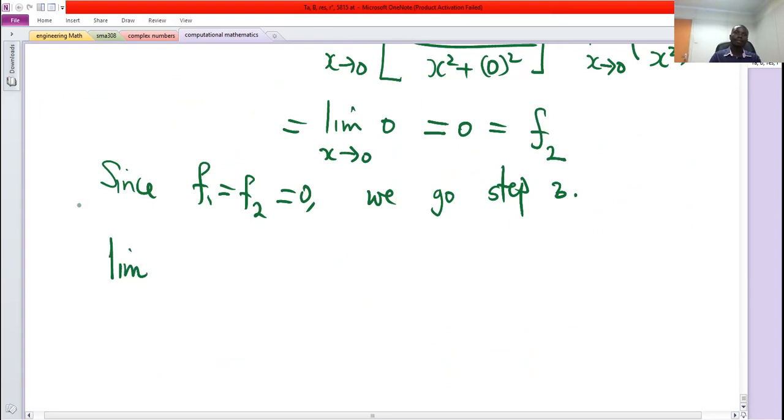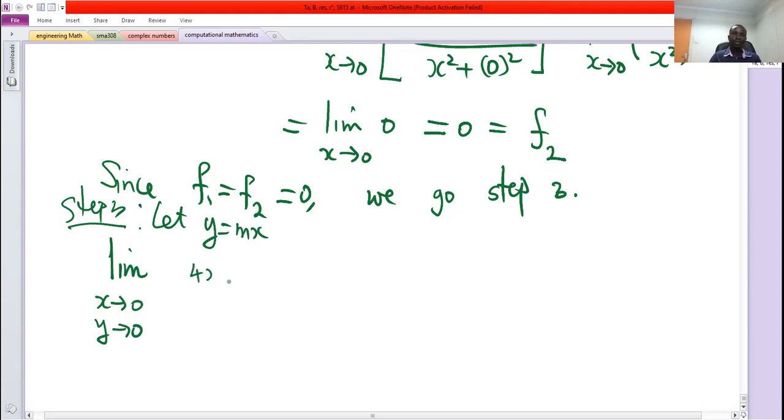So step 3, let y be mx, or put y equals mx. So x approaches 0, y approaches 0. Our function is 4xy squared over x squared plus y squared.